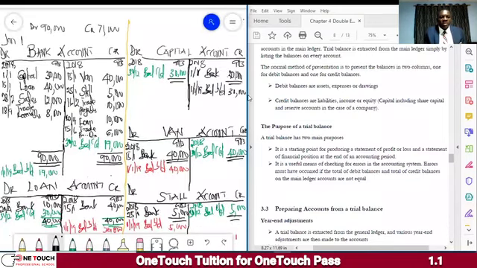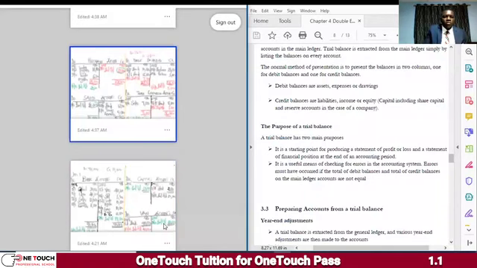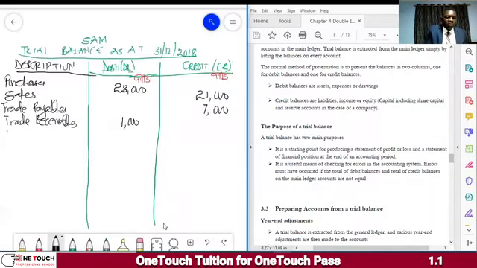Okay. So the bank balance was a debit of 19 and the loan was a credit balance of 30. So we have bank debit of 19 and loan credit of 30. Great.